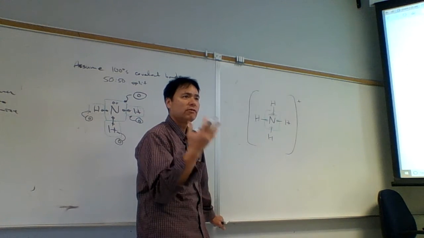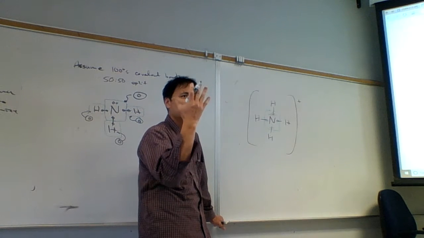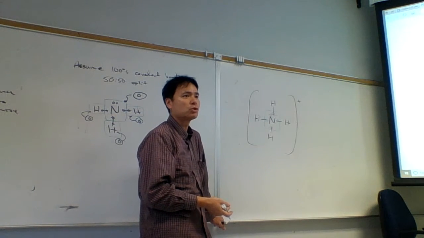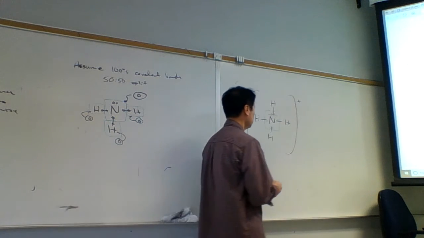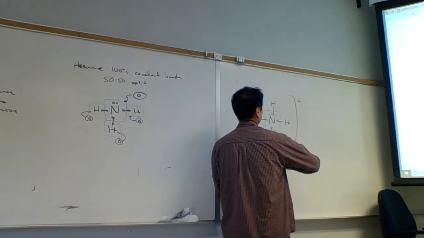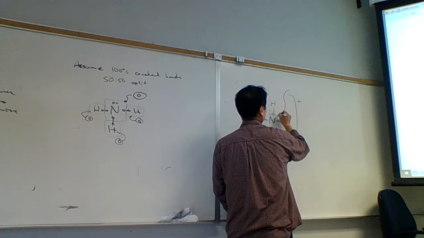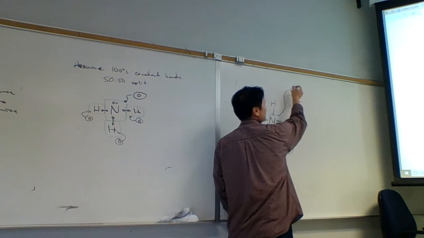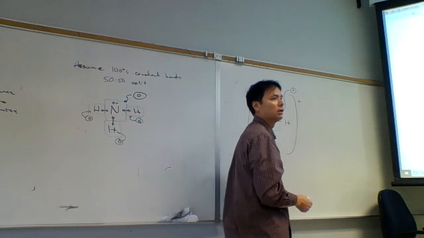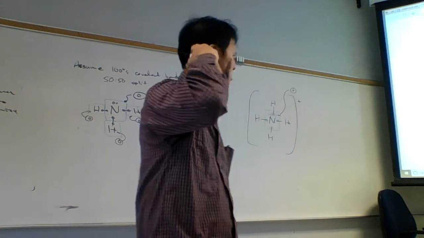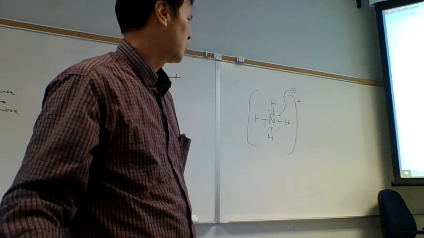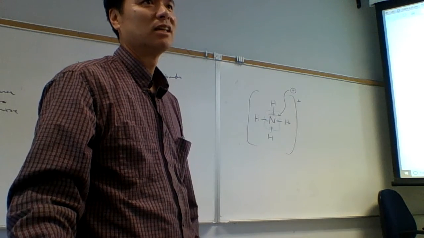It contributed 5, it ends up with 4, which means it came up short. Nitrogen got shortchanged, and so it ends up with a deficit of 1 electron, right? +1 is it. We don't usually write the 1, it is just plus. Does that make sense?